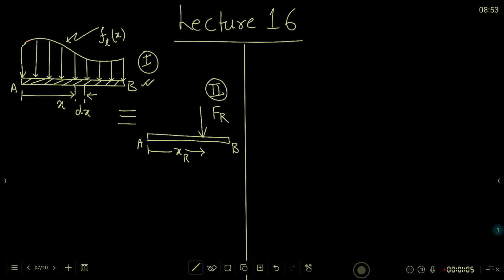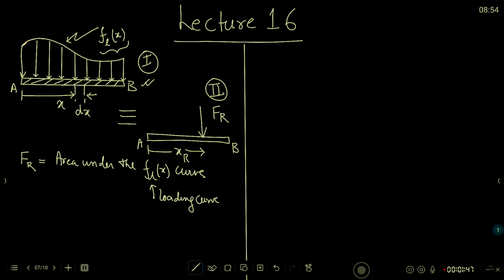Now this line distributed force system is characterized by this function FL(x), where FL(x) is this curve shown here. I showed that this Fr turns out to be the area under the FL(x) curve. Sometimes I call this curve the loading curve.